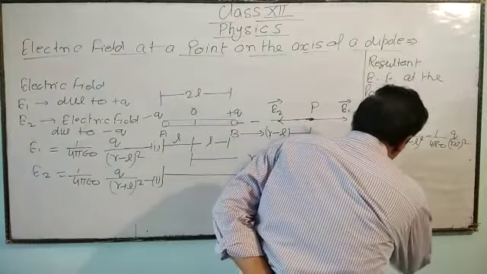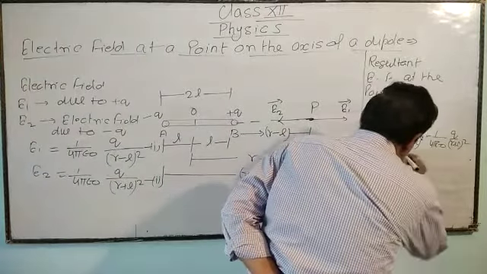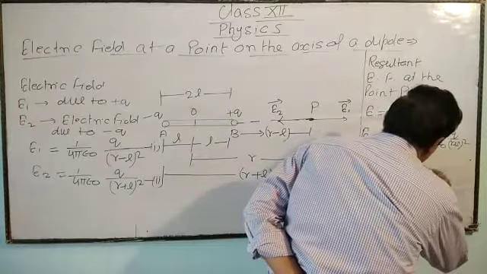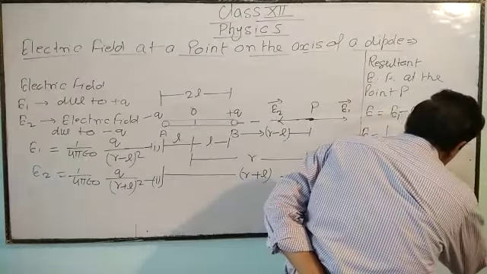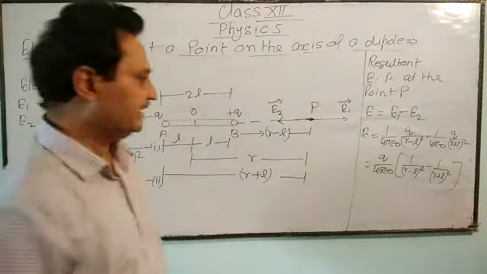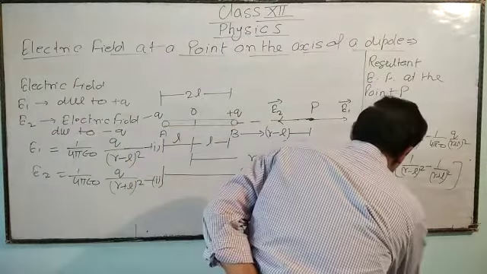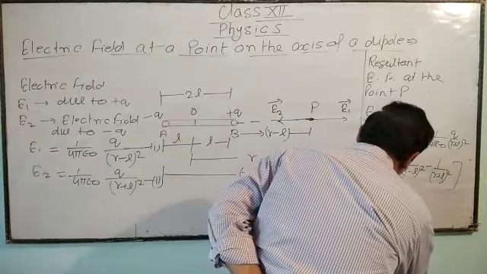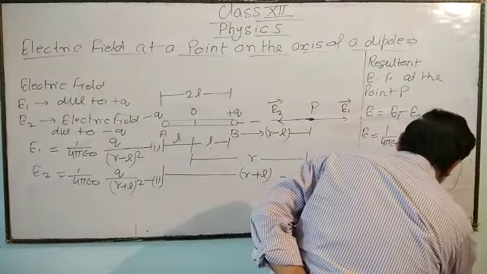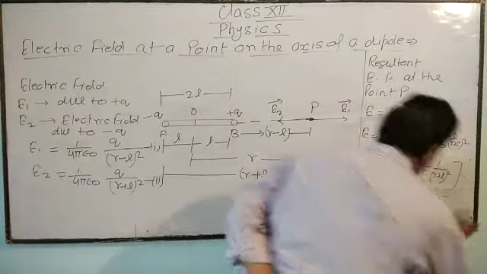Taking q upon 4 pi epsilon naught as common, in the bracket 1 upon r minus L the whole square minus 1 upon r plus L the whole square. Taking the LCM, q upon 4 pi epsilon naught in the bracket, the denominator is r square minus L square the whole square.